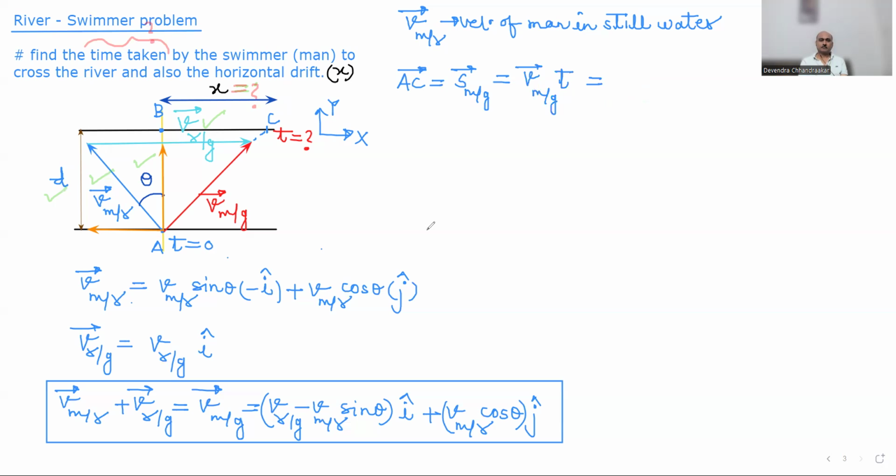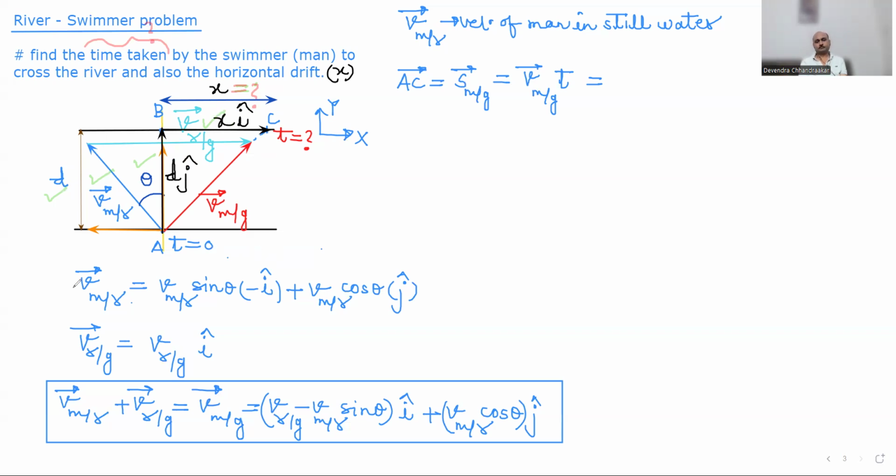Yes, sir. It's velocity into time, displacement. Now, can we write this also as dj cap plus xi cap? Can I write it like this, the AC vector? Yes, sir.